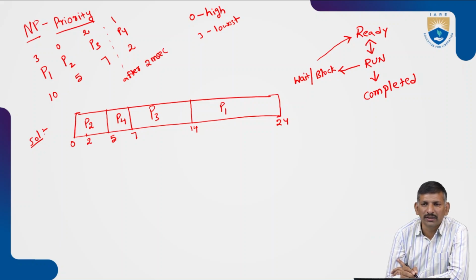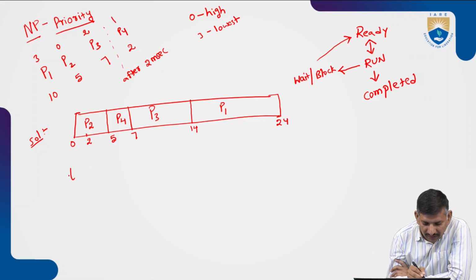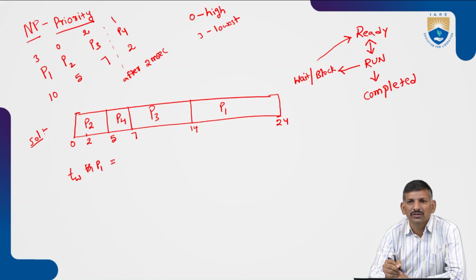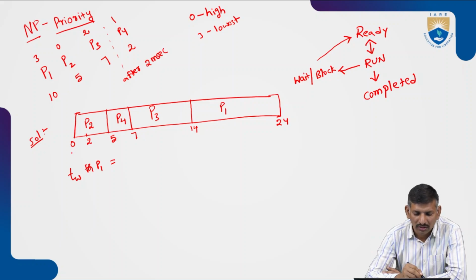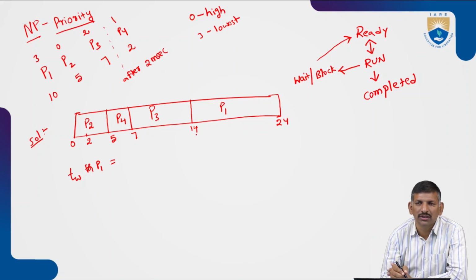Now, you calculate the waiting time for each process and also the average waiting time. Similarly, turnaround time. First, waiting time for process P1. Process P1 enters into the ready state at the time of 0 and is scheduled for execution at the 14th millisecond.